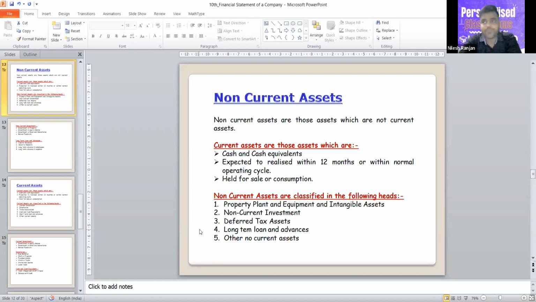Deferred tax assets and liabilities are created in the same manner, so generally we discuss both of these concepts together. Deferred tax assets or liabilities are created due to differences in the provisions of the Income Tax Act and the Companies Act. Sometimes the Income Tax Act charges less tax than the Companies Act.